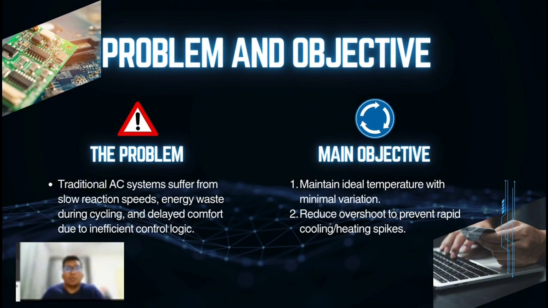Overshoot happens when the temperature exceeds the target value before stabilizing. By minimizing overshoot, we can avoid sudden cooling or heating spikes, improve user comfort, and increase the overall efficiency of the air conditioner system.